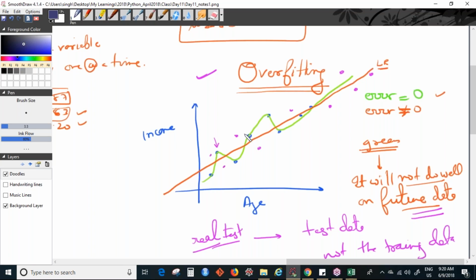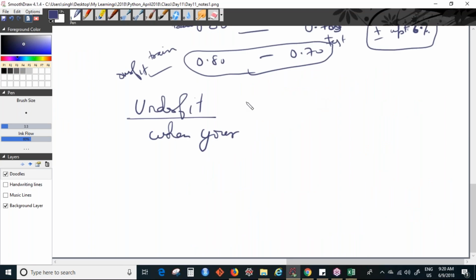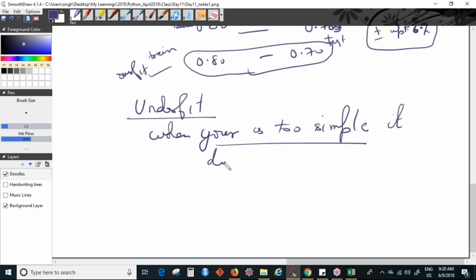So similarly, there is the underfit model, which is the opposite of this, where your model is too simple. When your model is too simple, it doesn't perform well on both training and test.